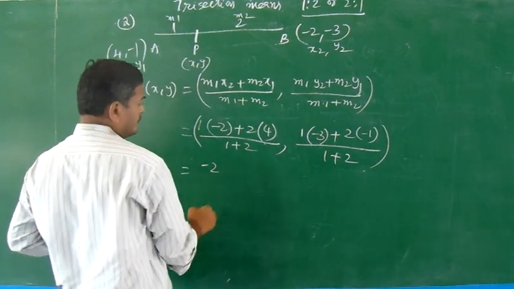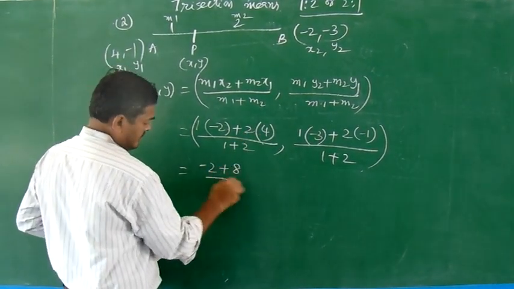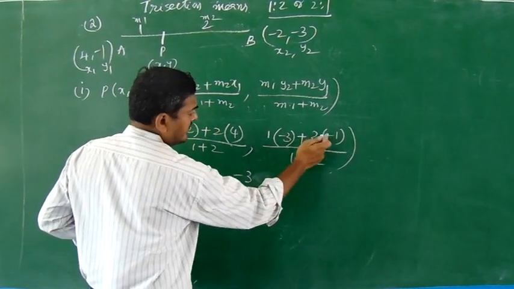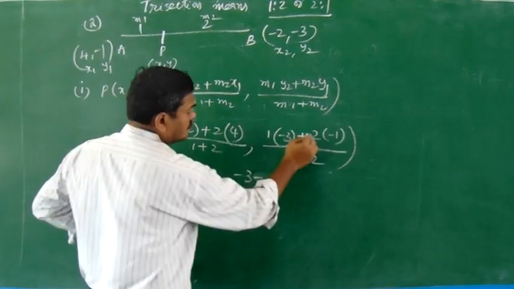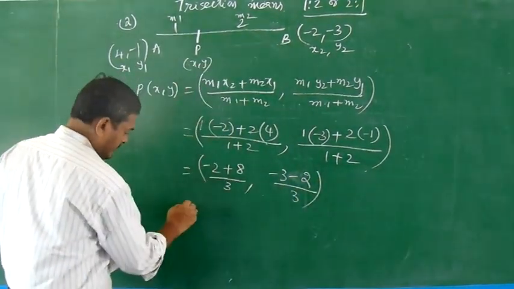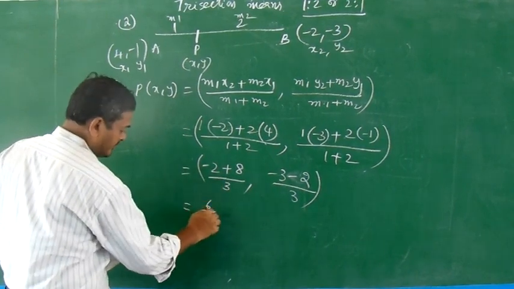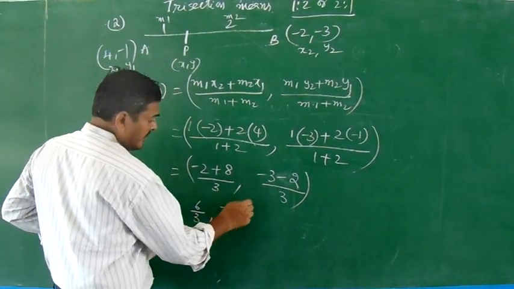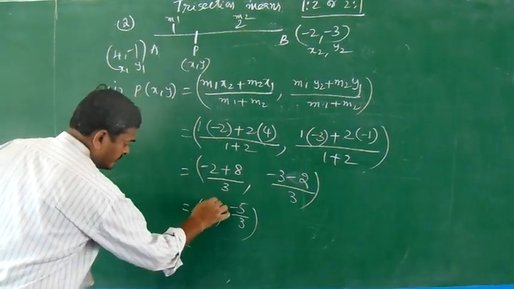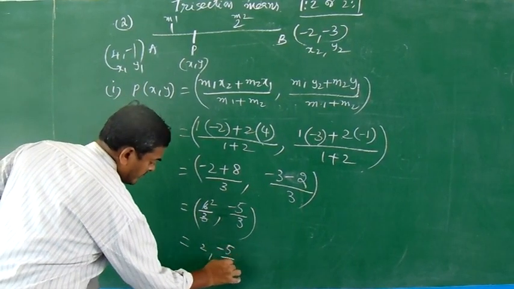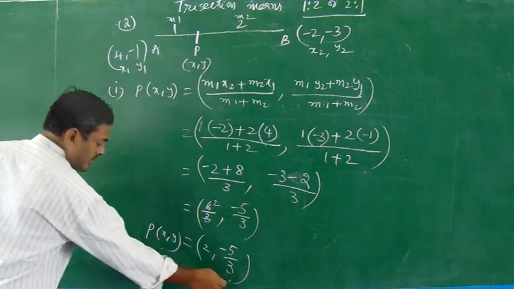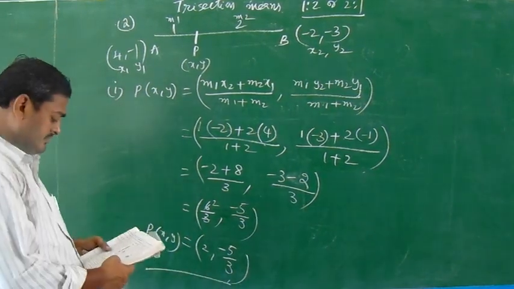That equals 8 minus 2, 6 by 3, then -3 minus 2, -5 by 3. That equals (2, -5/3). This is P(x, y). This is case 1.